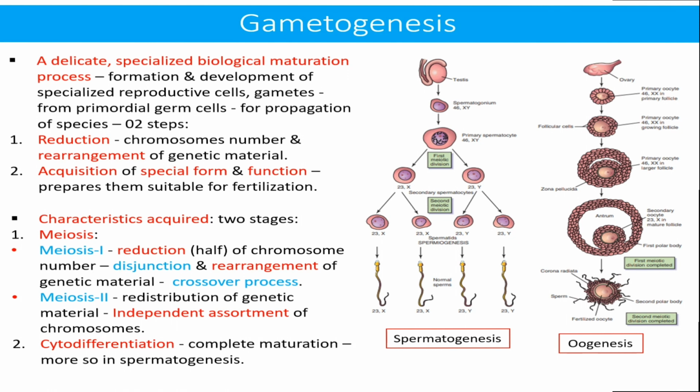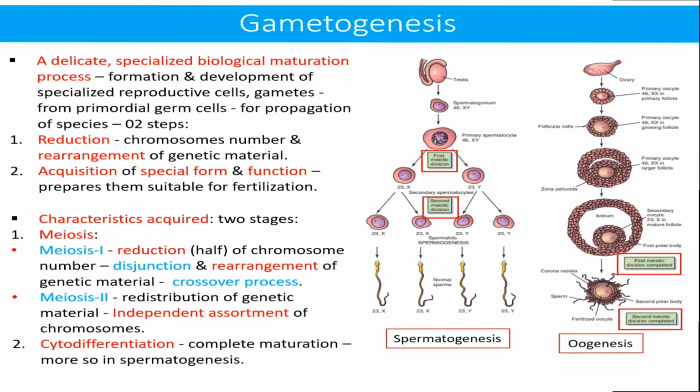These characteristics are acquired in two stages. Number one is meiosis, which comprises two parts. In meiosis 1, there is reduction of chromosome number through the process of disjunction and rearrangement of genetic material through the crossover process.